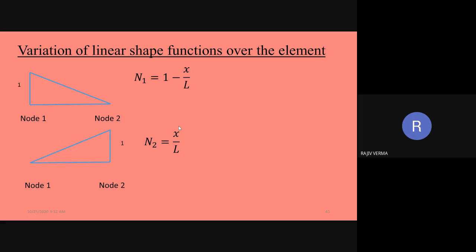So when we talk about all these complicated elements, these properties of the shape functions are going to be of immense use.